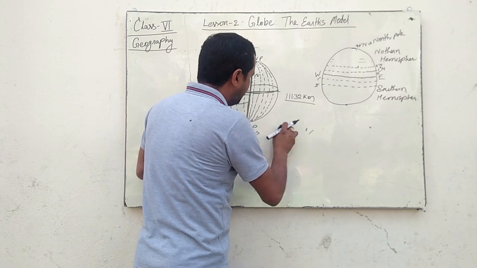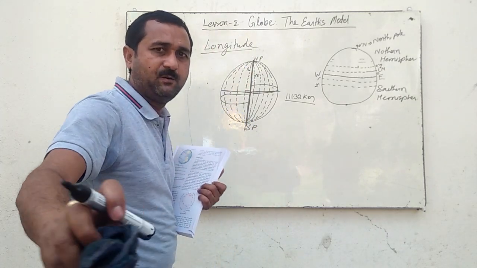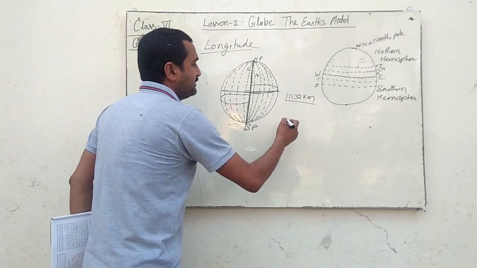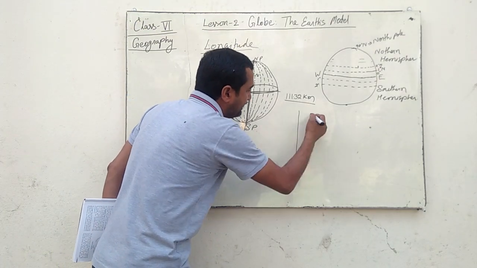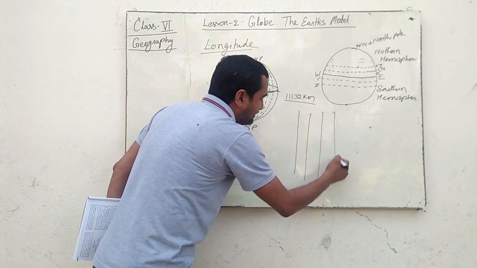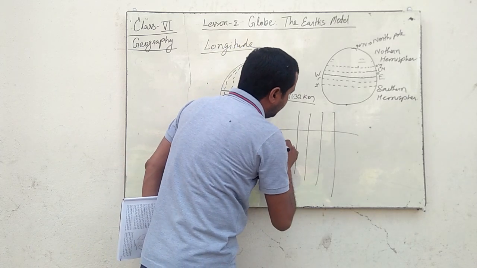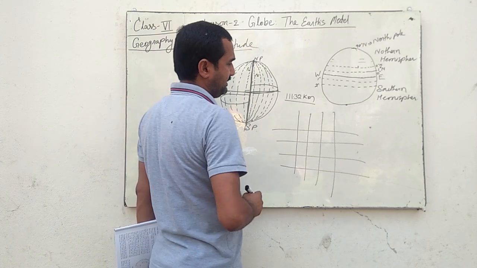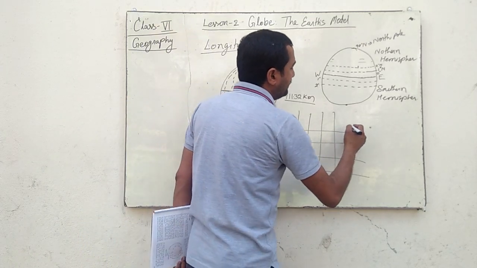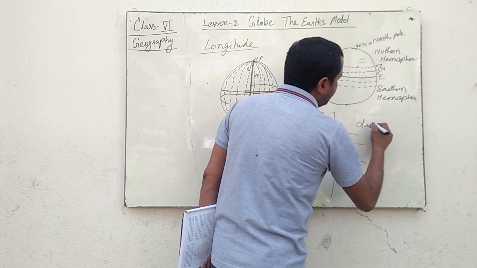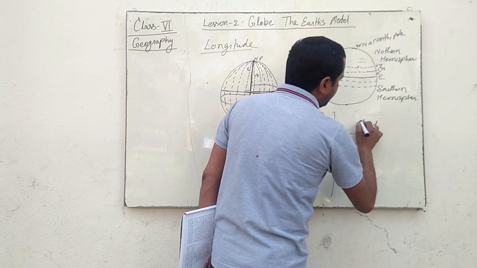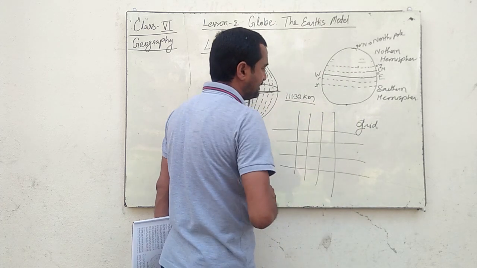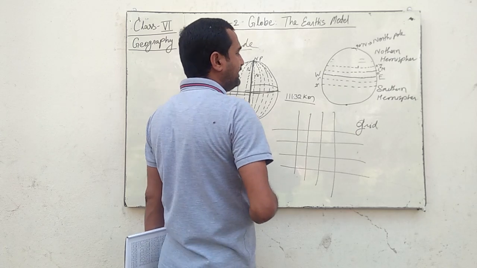Now, I have started my topic from absolute location. These are the meridians and these are the latitudes. They both intersect each other to form a grid.